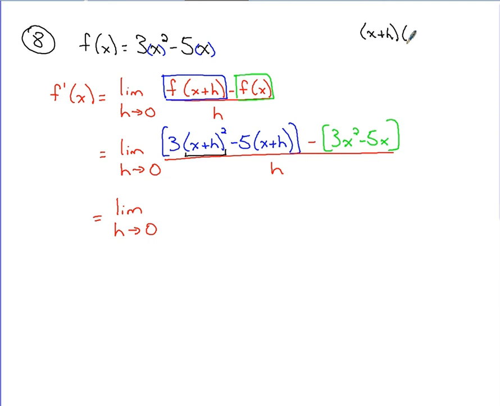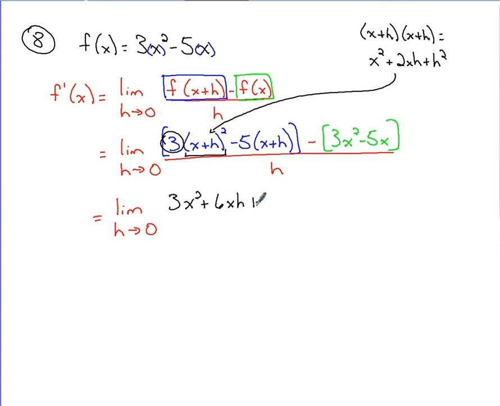If you need to, work it out off to the side. FOIL things out. After I FOIL things out, I can understand that that's going to go in this position here. A 3 is being multiplied to that. So 3 gets distributed through. I get 3x squared plus 6xh plus 3h squared.